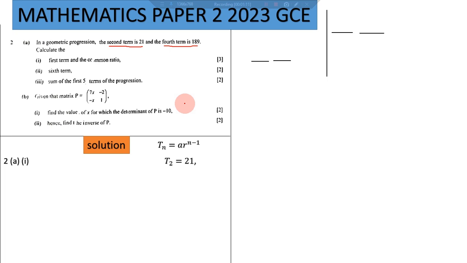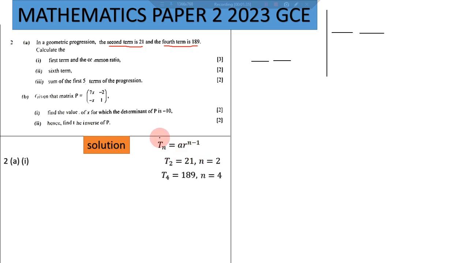So T2 is equal to 21 and T4 is equal to 189. On each of these there is a position given. So 21 is on position 2, so n equals 2. And 189 is on position 4, so n equals 4.